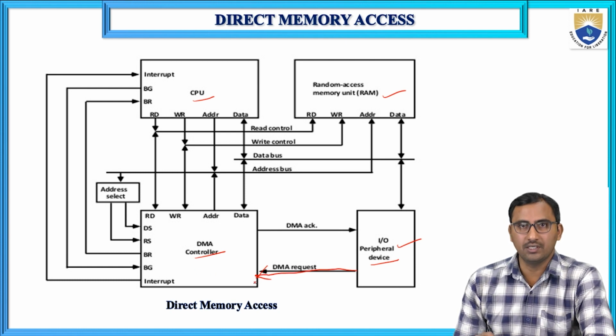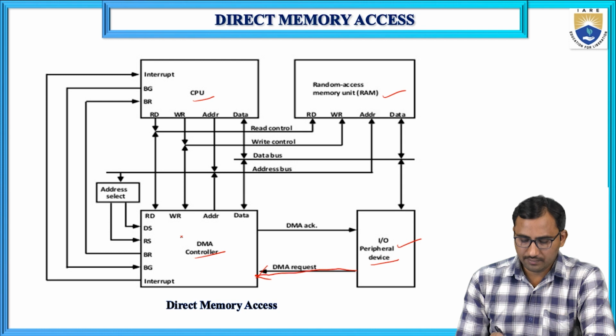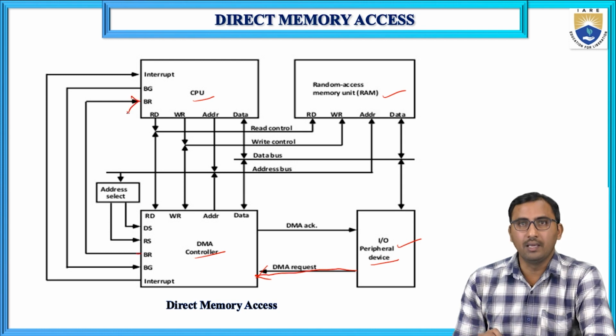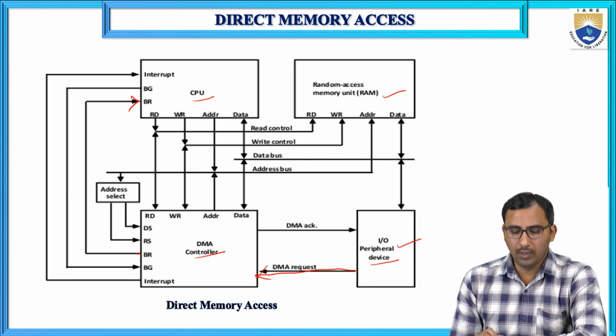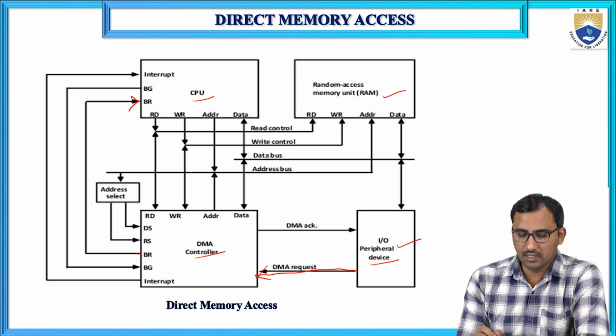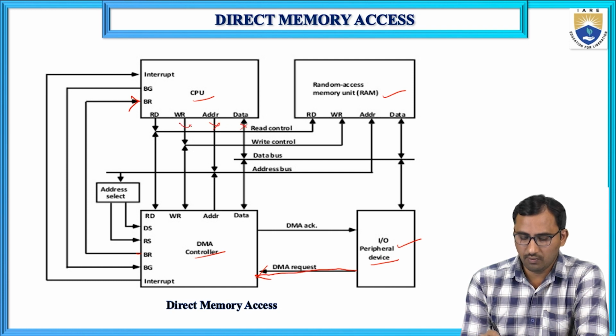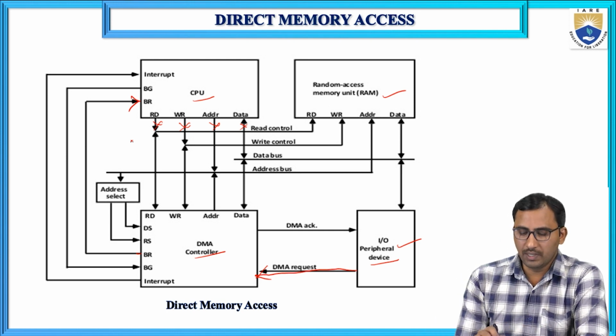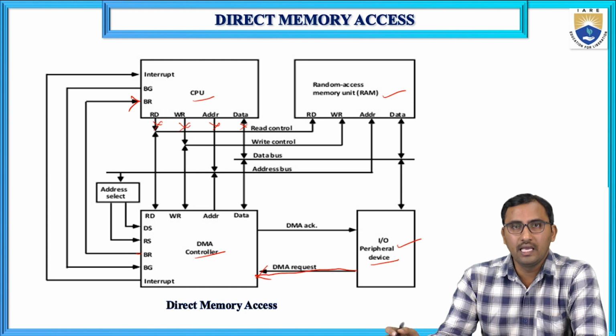When the DMA controller receives a DMA request signal, it sends a bus request signal to the CPU. Then the CPU disables its buses: data bus, address bus, write and read signals.